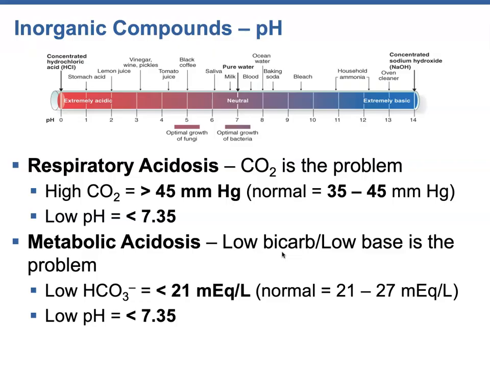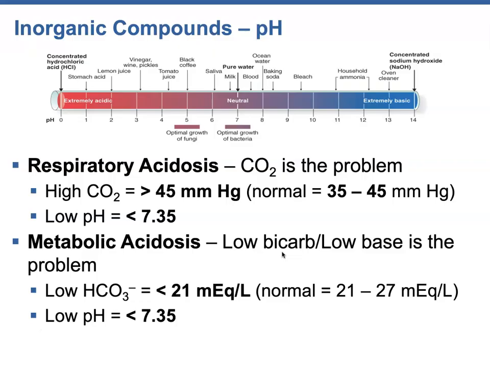So again, remember, respiratory acidosis is a respiratory issue. The problem is this person is not breathing properly, in that they're breathing, the rate is either too slow, it's too shallow, it's irregular, they are retaining CO2. CO2 is the problem.